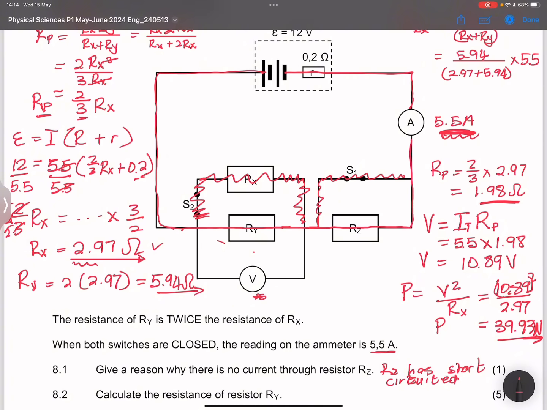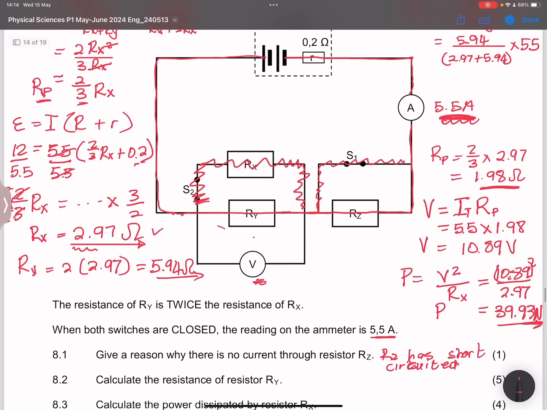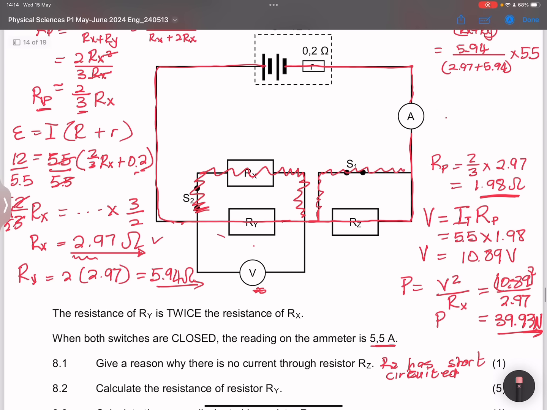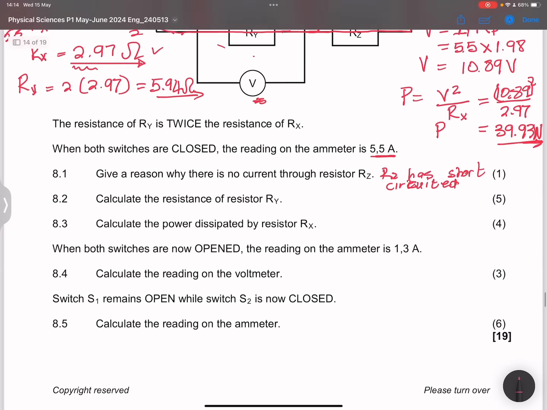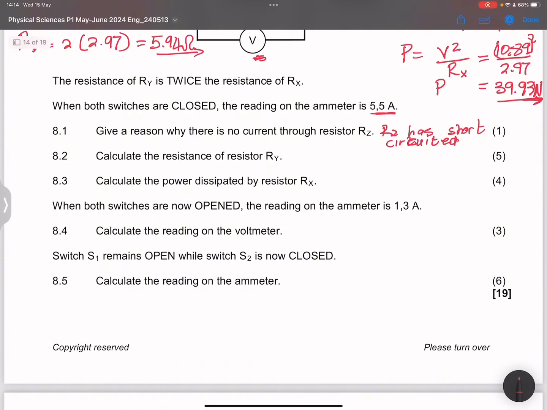Now they say to us that the total current now becomes 1.3. So we no longer have the 5.5. We've got 1.3 amperes that will be passing there. Now they say to us, calculate the reading on the voltmeter. Very important, ladies and gents.